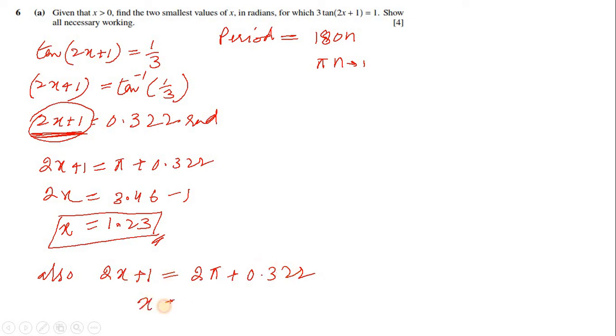So x is equal to 2.8 radian. If they ask you to find three values, you can say 3 pi plus 0.322 and solve for x. That's how you find the two values.